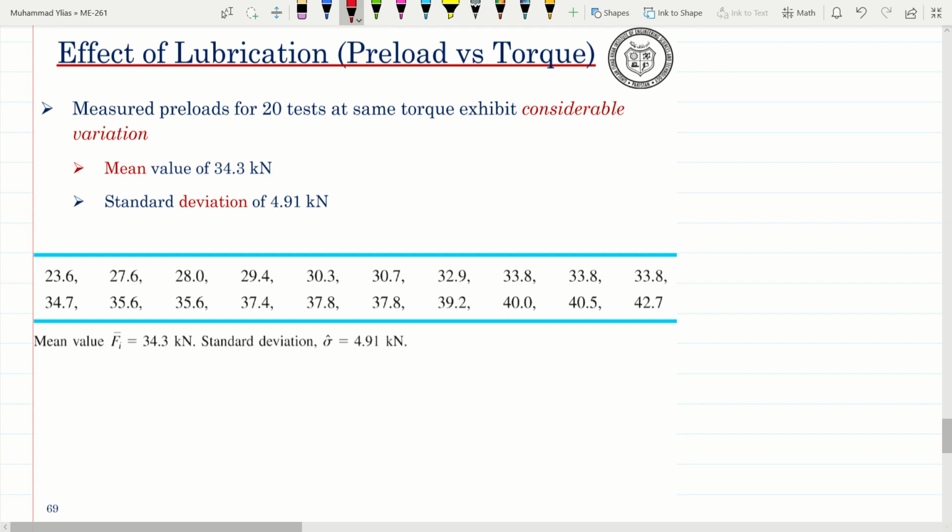So the logic for this is that some people conducted some experiments, and for these experiments they did not apply any lubricating oil on the bolt, and they tightened the bolt. So what they found out was that the mean value for the tests was 34.3 kilonewtons and the standard deviation was 4.91 kilonewtons.